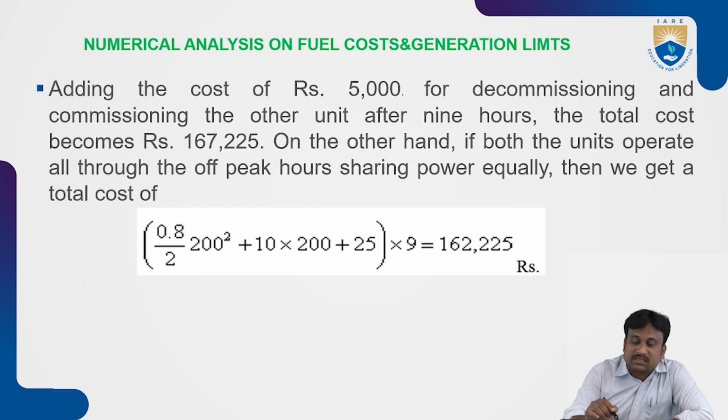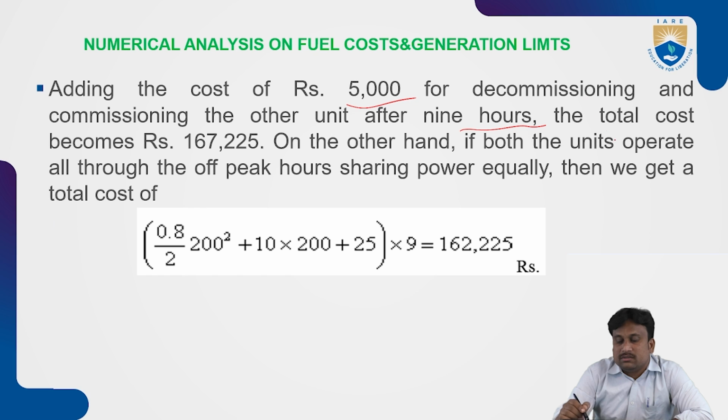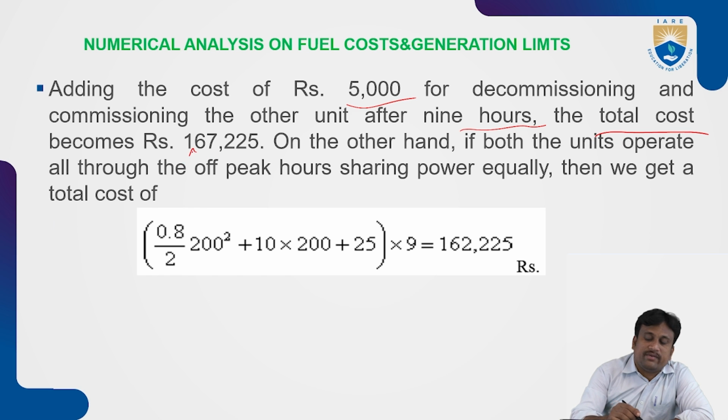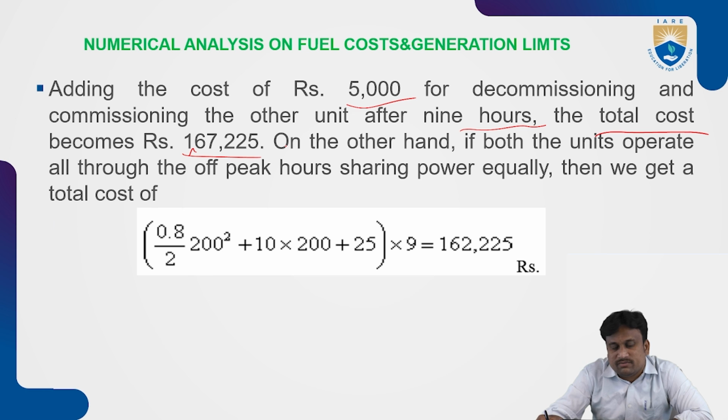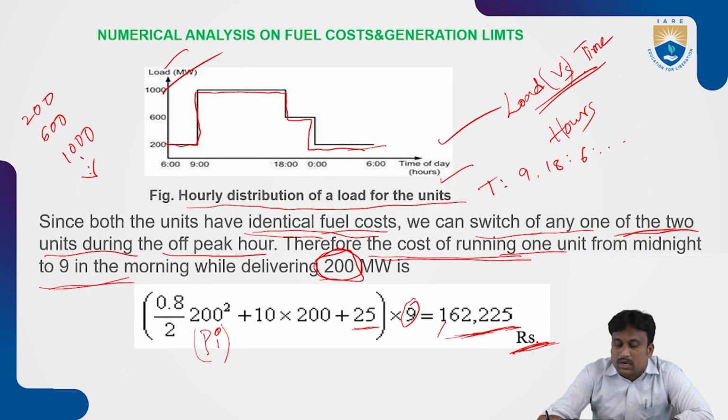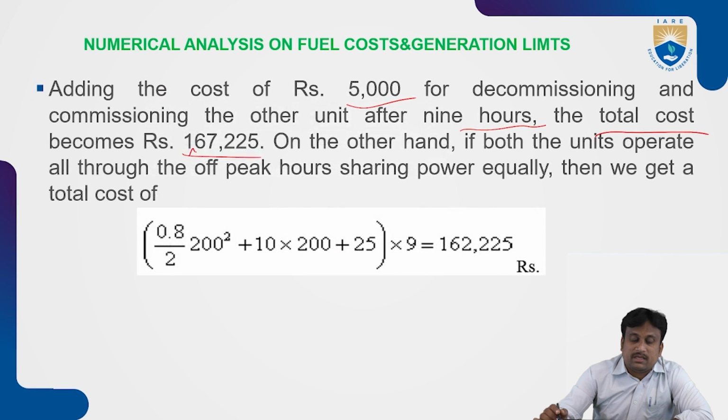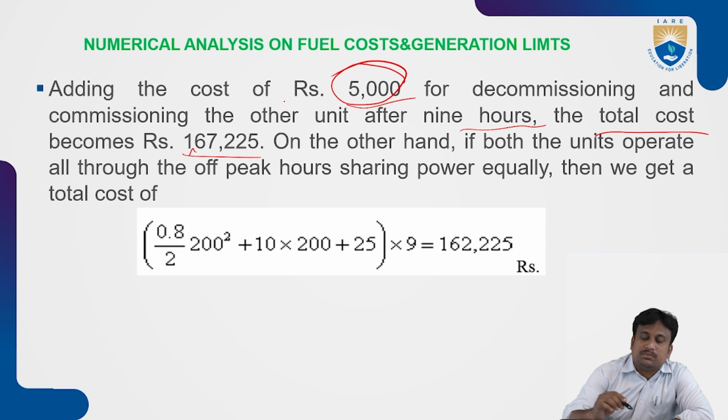Now adding the cost of 5,000 for decommissioning and commissioning the other unit after 9 hours, the total cost becomes 1,67,225. That means whatever you got, 1,62,225, for this you just add 5,000 rupees.